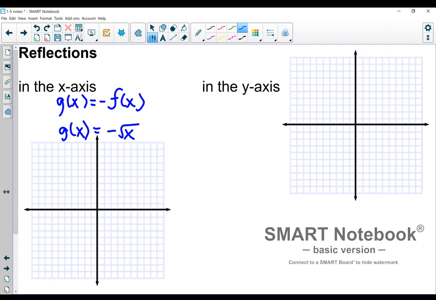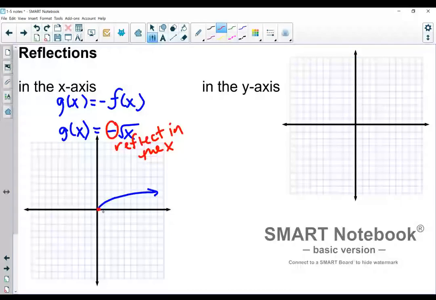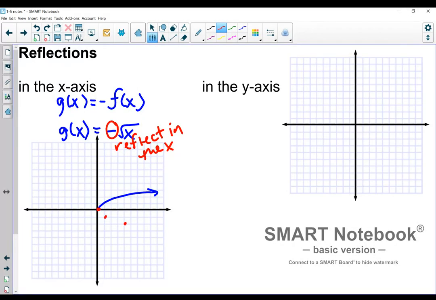So that would mean instead of the square root of x, which would be up here, it's going to reflect that underneath. So this is going to reflect in the x. So I would start here and I would go 1 and then 3 and then 5. So that would be my new function.